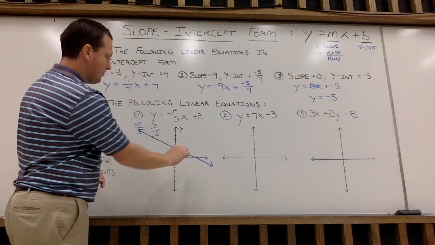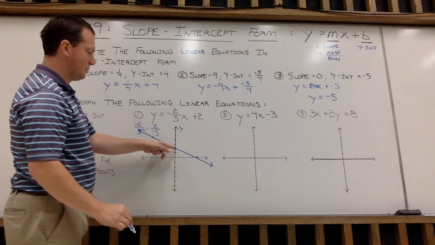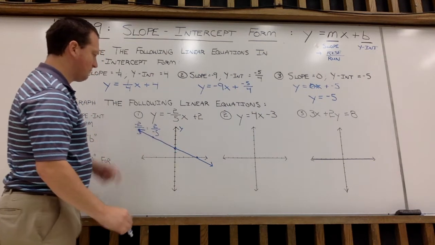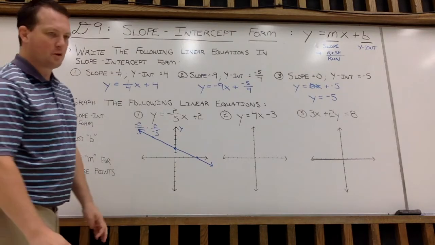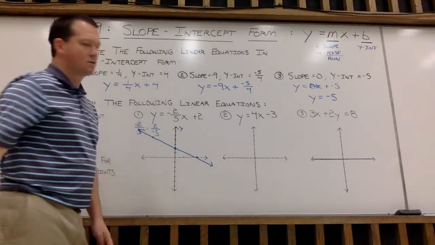So there's the graph of the line, y equals negative 2/5 x plus 2. I went down 2 and 5 to the right, or up 2 and 5 to the left. And lines, of course, go on forever and ever, so we would extend the points and draw our little arrows with the graph.